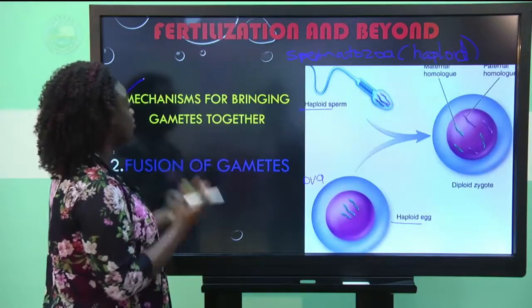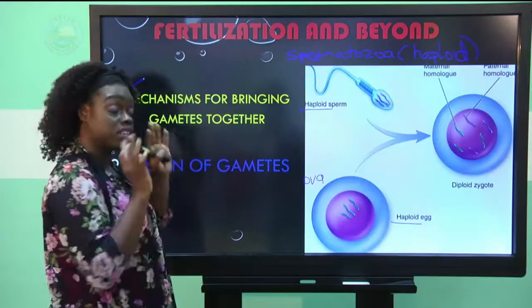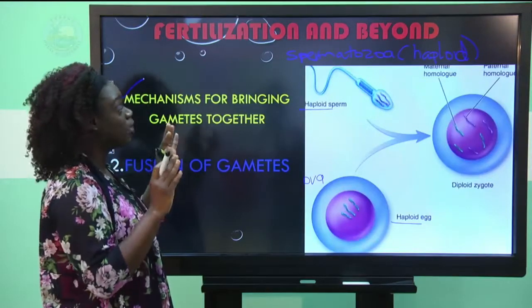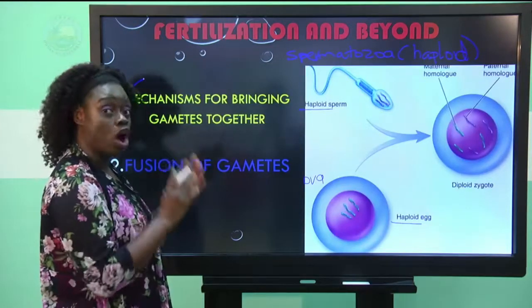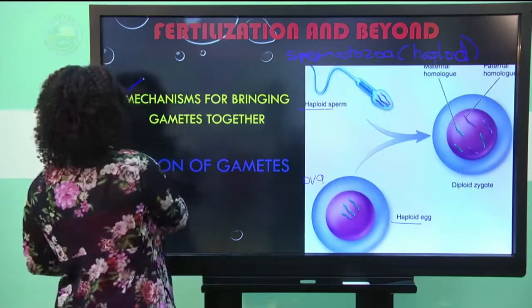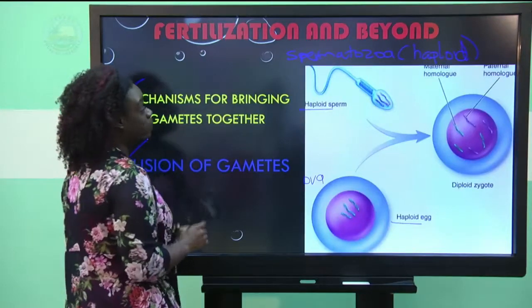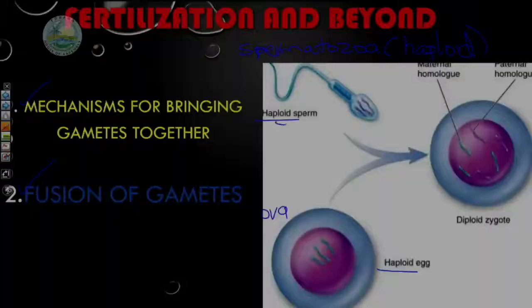So after we have sexual intercourse, and if the timing is right, meaning that you have intercourse in or around ovulation, then we would have fusion of the gametes. This haploid sperm and this haploid egg are going to meet in the fallopian tubes.